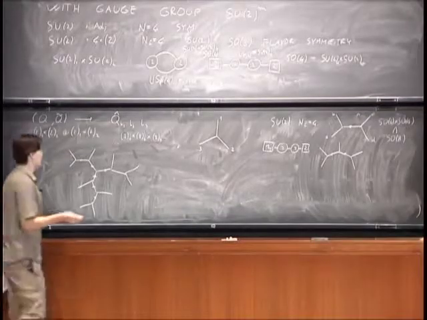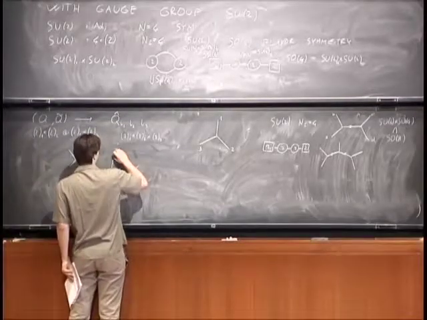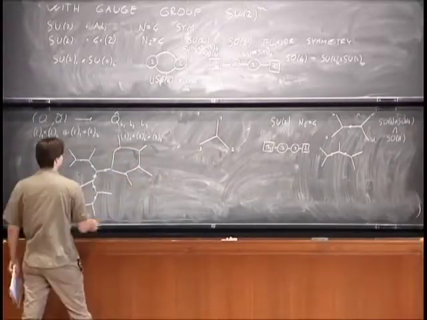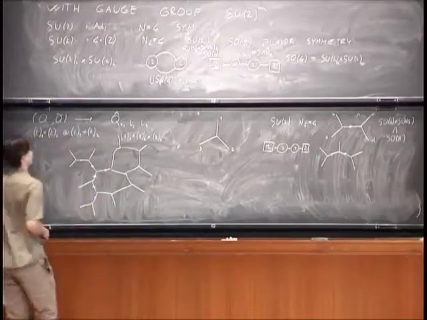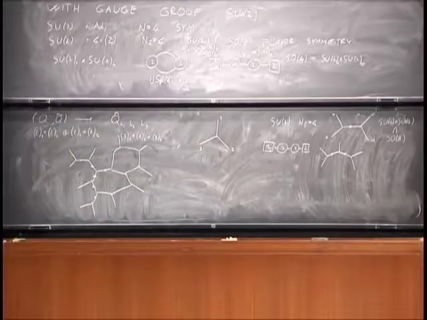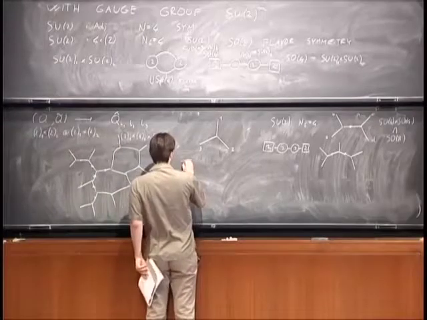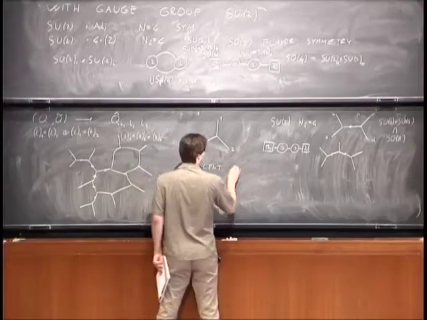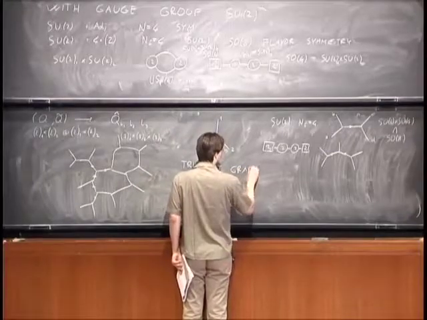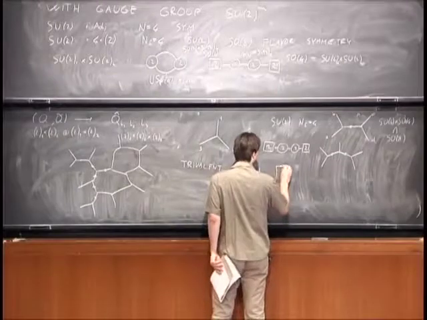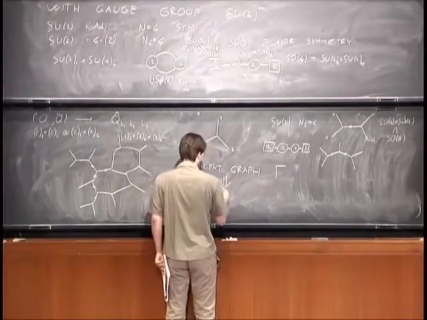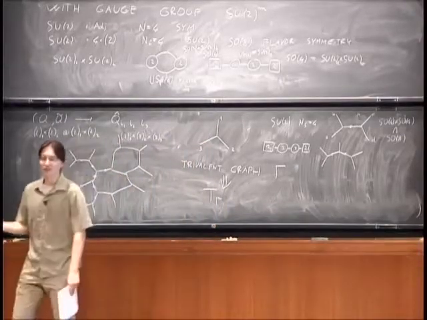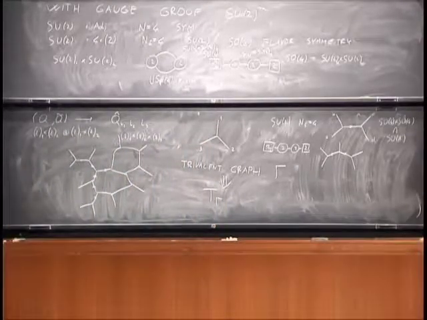And furthermore, nothing prevents me from doing loops. So essentially, from every trivalent graph, gamma, I get a theory, T, labeled by this graph, and made with SU(2) gauge groups and trifundamental matter.